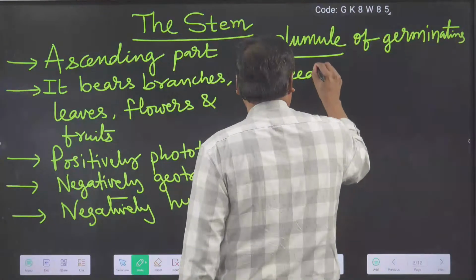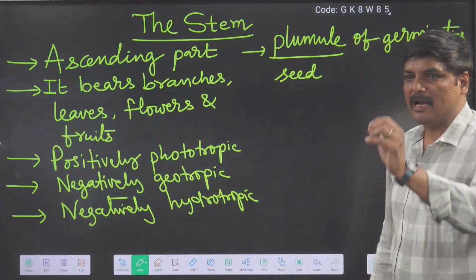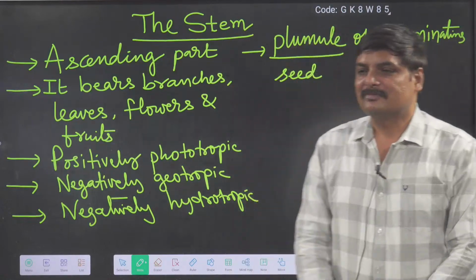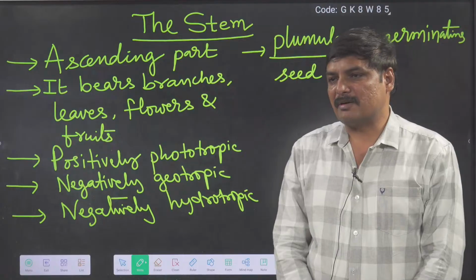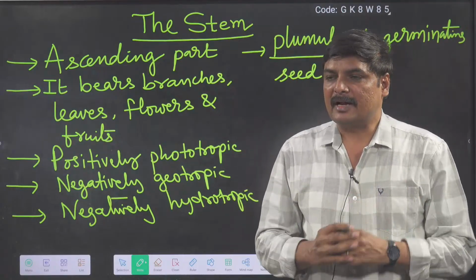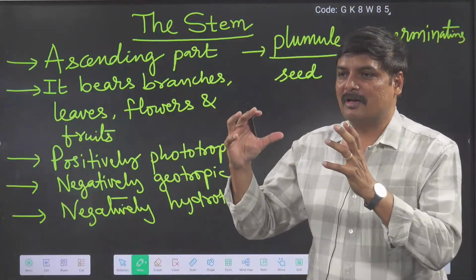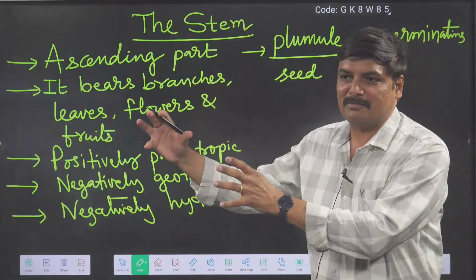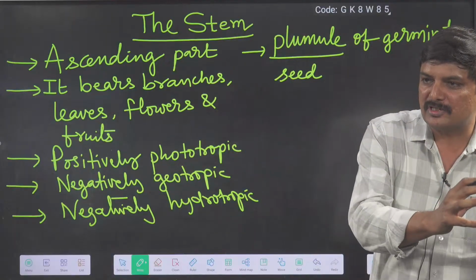That means the plumule develops into the shoot system or the stem. Radicle gives rise to the root system. Plumule gives rise to the shoot system.